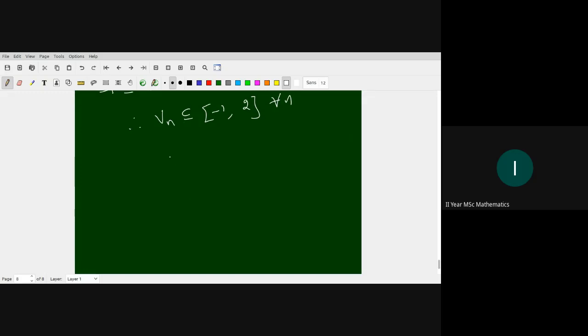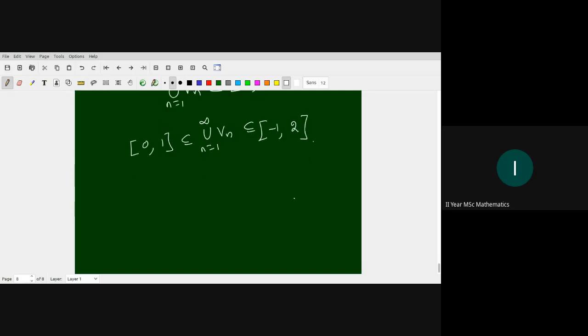All the Bn belong to one set; the union belongs to the set [-1, 2]. So now, [0, 1] is contained in the union of Bn, n from 1 to infinity, which is contained in [-1, 2].